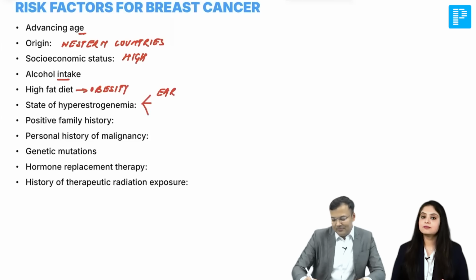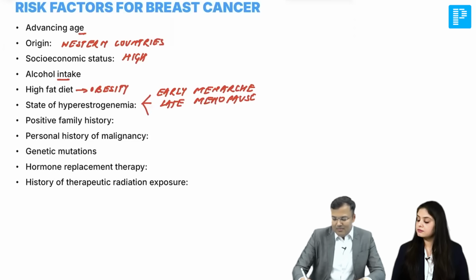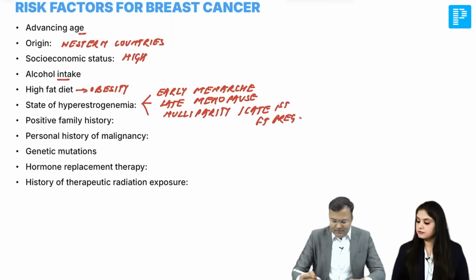Early menarche, clear? Late menopause, nulliparity, and late first full-term pregnancy, clear? So there is late age, late first full-term pregnancy, right? These are the states of hyperestrogenemia.